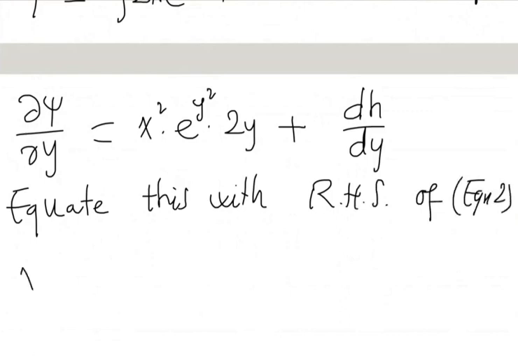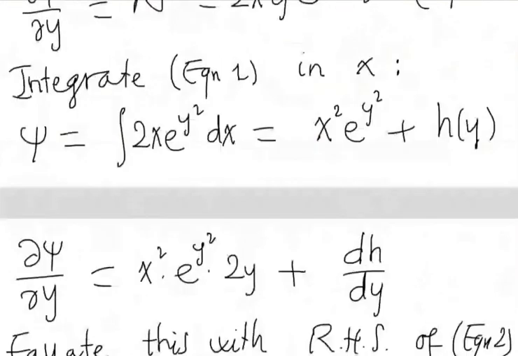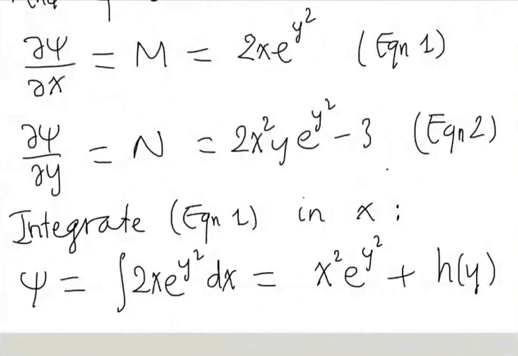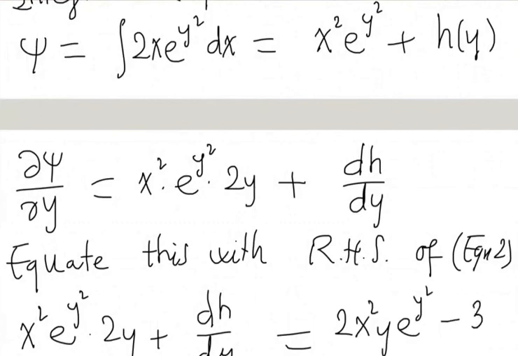So what do we get? We have x squared e to the y squared times 2y plus dh dy equals the right hand side of equation 2, which is exactly the same as N, 2x squared y e to the y squared minus 3.